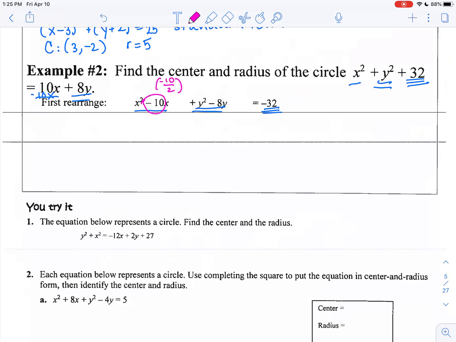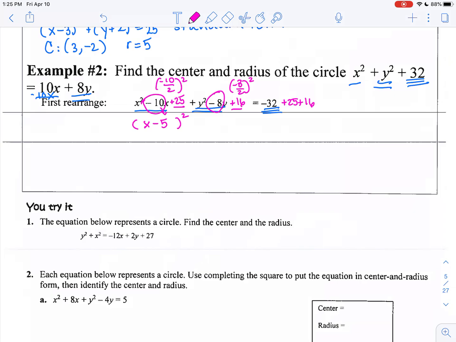So the x's first. If I take half of negative 10, I get negative 5. Square that, I get positive 25. If I take half of negative 8 and square that, I get negative 4 squared, which is positive 16. What I add to the left side, I'm also going to add to the right side. This is ready to be factored.